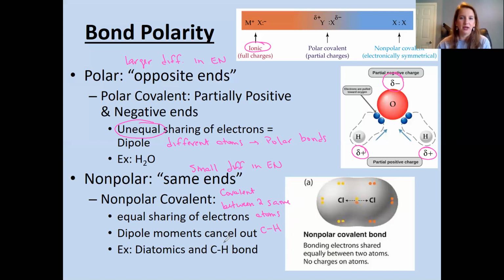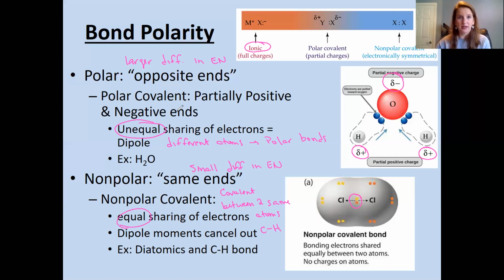Because the carbon-hydrogen bond, even though they're not next to each other on the periodic table indicating same electronegativities, they are very close in electronegativity values where the carbon would not hog the electron significantly more than the hydrogen would. As you can see here in this picture of Cl2, the electrons are shared equally between those two atoms. Because they're shared equally, it would be a nonpolar bond, indicating that there was a small difference in electronegativity, or no difference in this case.